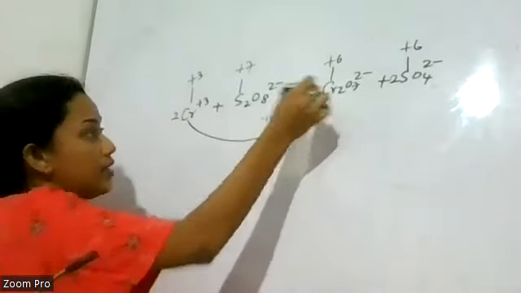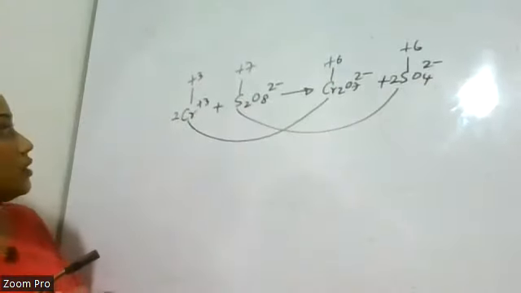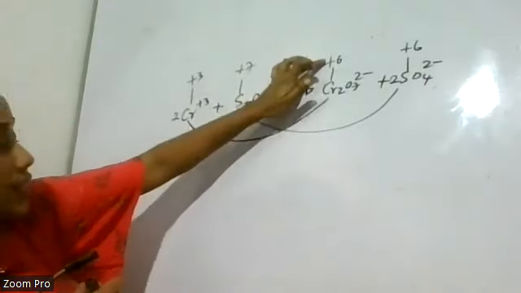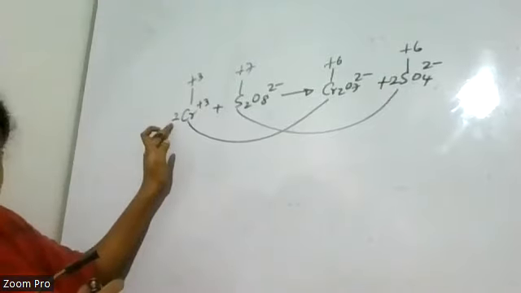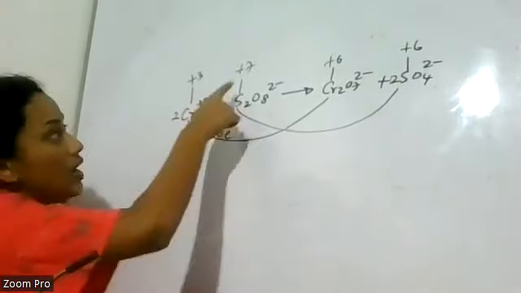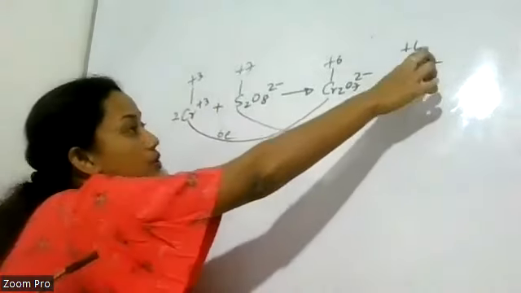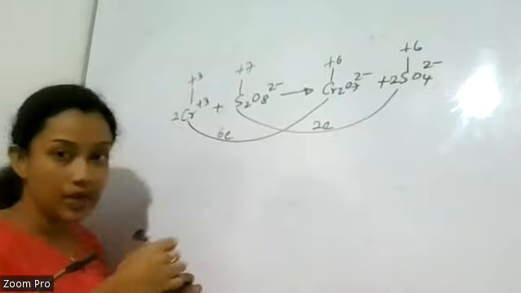Cr and here Cr. How many electrons? 3 electrons by 2 chromium atoms, therefore 6 electrons. And 7 to 6 is 1 electron by 2 sulfur atoms, therefore 2 electrons.